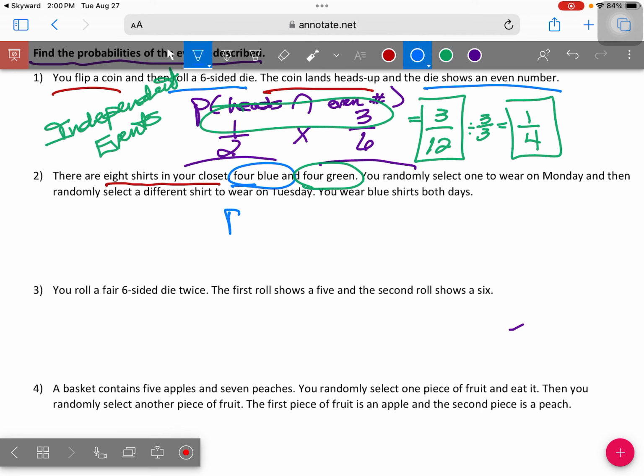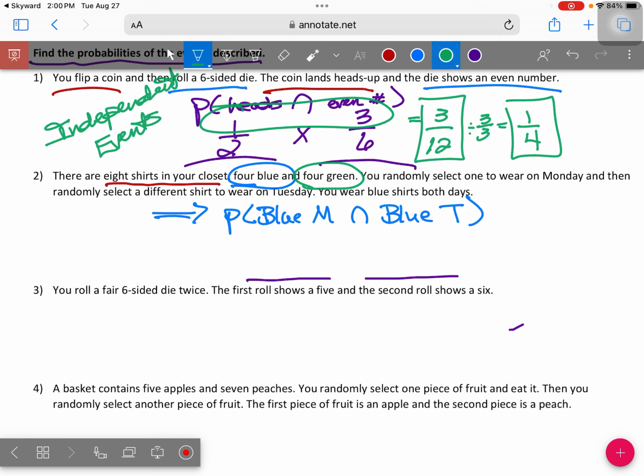So basically, they want to know what's the probability of wearing a blue shirt on Monday and a blue shirt on Tuesday. Now, you do not need to write that probability because when it comes to the test, you just have to find the probability. I'm writing that down so you understand the number of events we're talking about. So I'm talking about finding a probability for getting a blue shirt on Monday and a probability for getting a blue shirt on Tuesday.